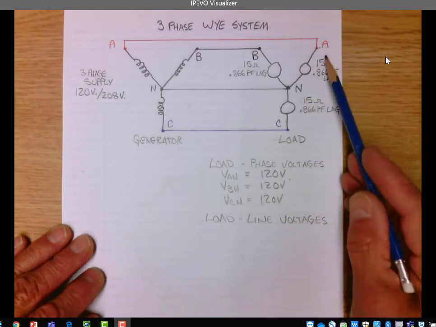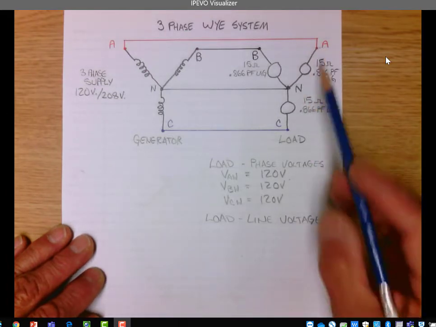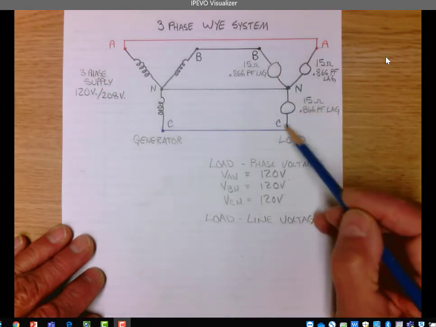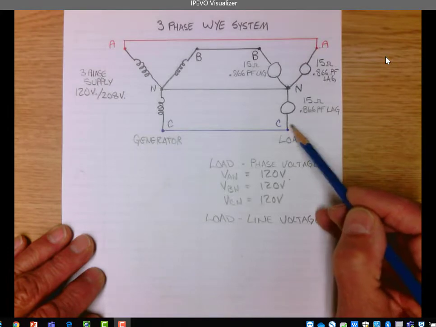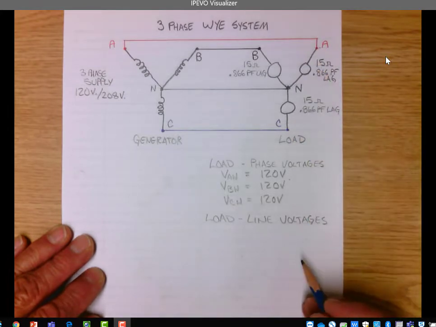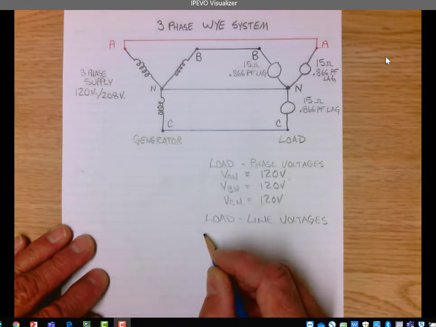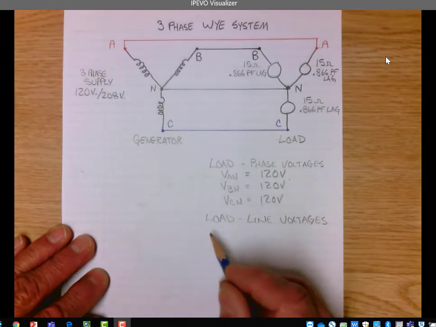Our line voltages are always between two lines. Line A to line B, line B to line C, and line C to line A are our line voltages, and they're always the higher voltage of our system.